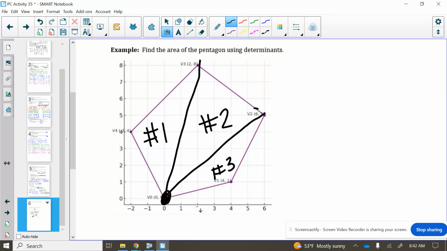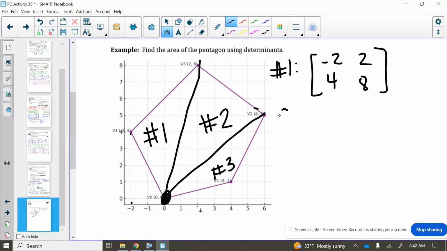So in triangle number 1, we have one vertex at 0, 0. And then we have a vertex at -2, 4. And then the other one is at 2, 8. The way the scale is on this graph is a little funky. So in triangle number 1, again, we're going to start by finding the value of our determinant. -2 times 8 minus 2 times 4.